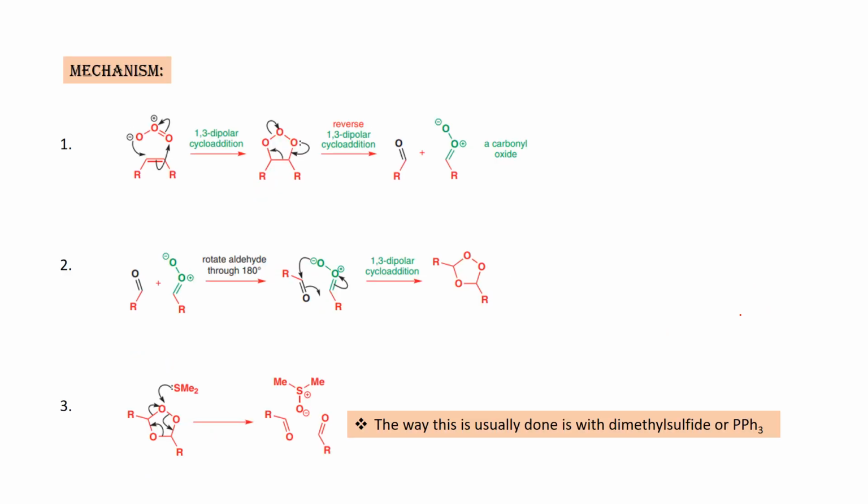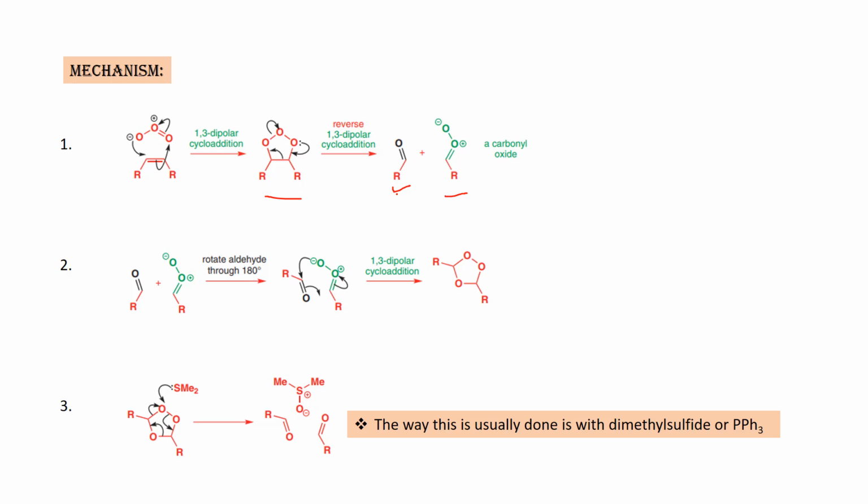So if we look into the mechanism, first one molecule of ozone is coming here and it undergoes this 1,3 dipolar cycloaddition reaction. This comes here and this goes here and forms this type of oxidant intermediate. After that, this undergoes a cleavage. This comes here and this carbon-carbon bond undergoes a cleavage and forms one molecule of ketone and another molecule of this carbonyl oxide.